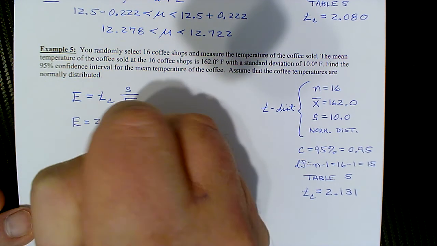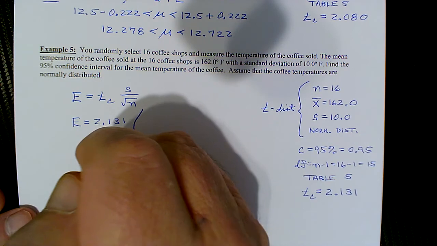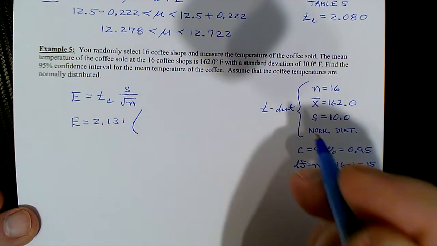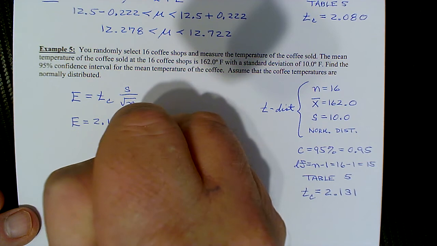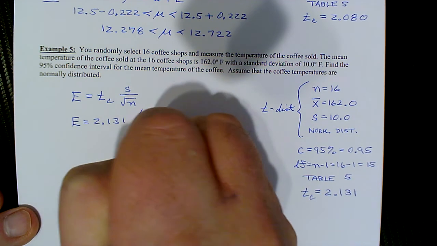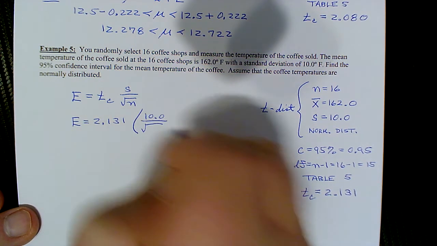So we get that E is equal to, I'm going to round it to 2 decimal places here, 5.33. Just pay attention to the rounding in my math lab.